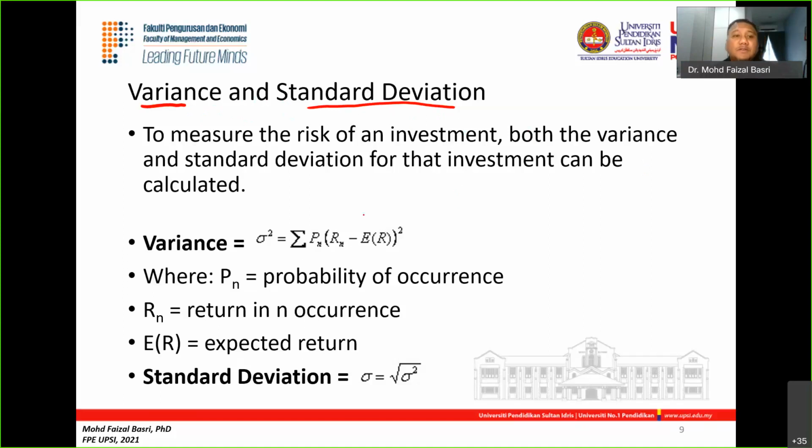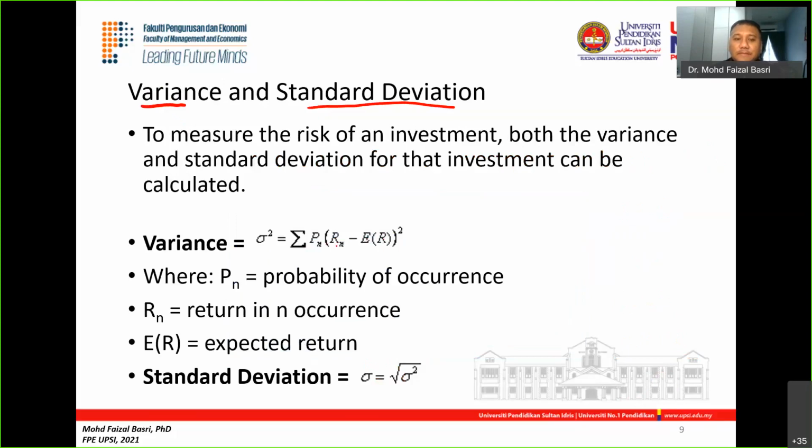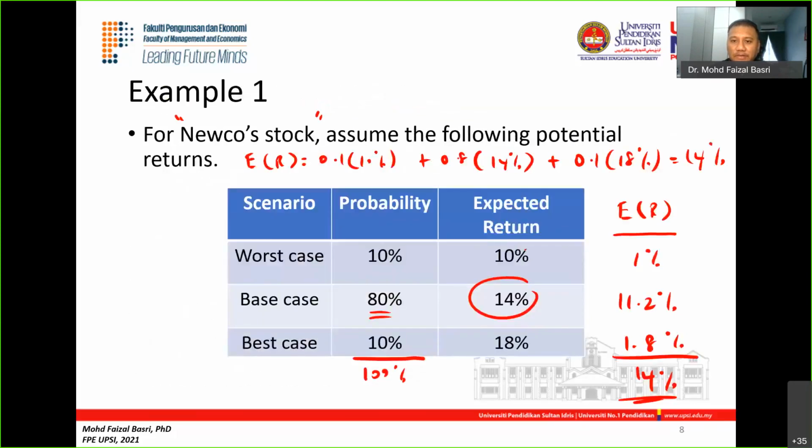So how do we measure the variance? Variance is symbolized using sigma squared, the symbol of sigma to the power of 2. The formula is the sum of Pn, the probability, multiplied by the difference of returns minus the ER, squared. Rn refers to the original return value, and ER is based on this ER, 14%.